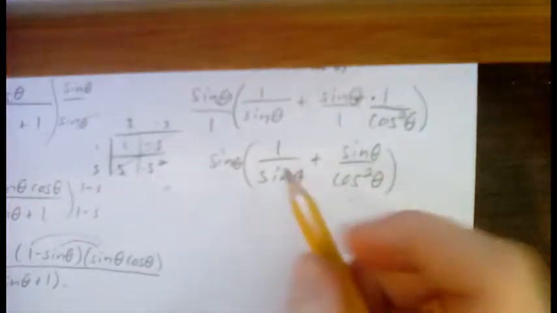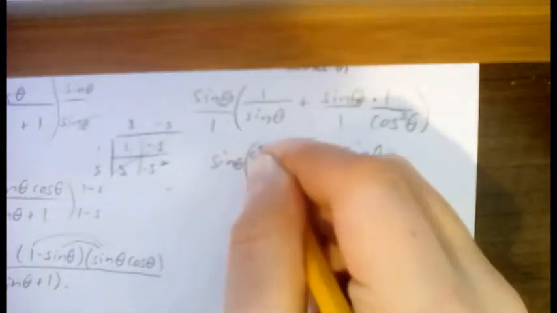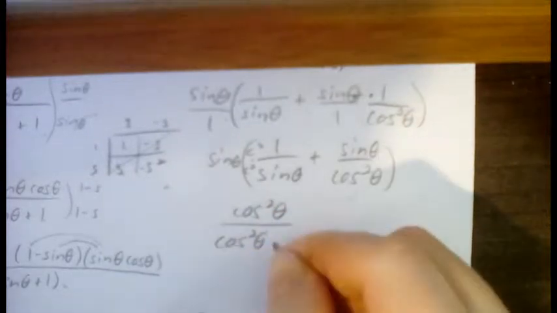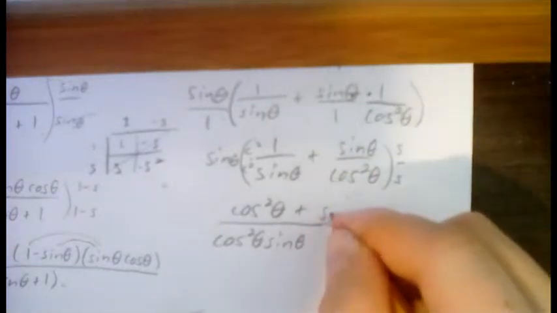To add these two together, you'll need to multiply each one by a form of 1 that will get the same denominator. So for 1 over sine, that would be cosine squared over cosine squared. I'll just write that to abbreviate, and that gets cosine squared over cosine sine plus, I'll just continue this.